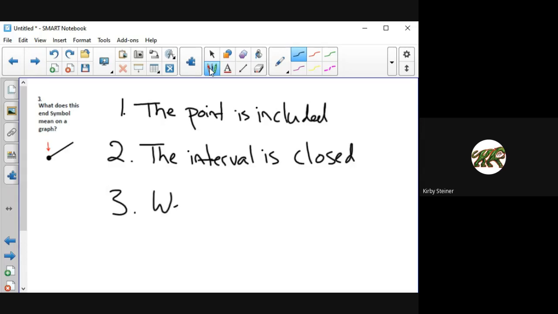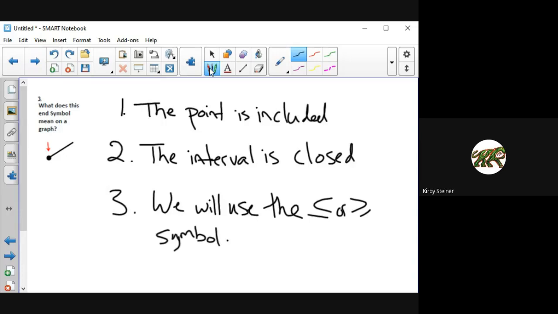So if we see the endpoint with the filled in dot, then we know that the point is included, the interval is closed, and we will be using the greater than or equal or the less than or equal to symbol.